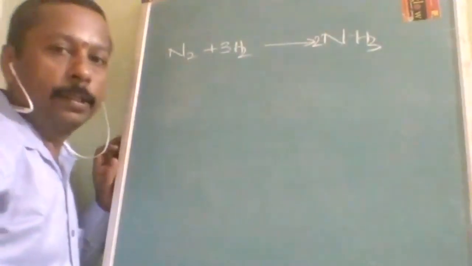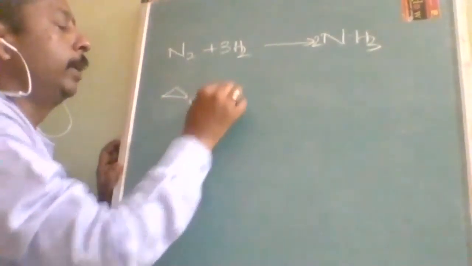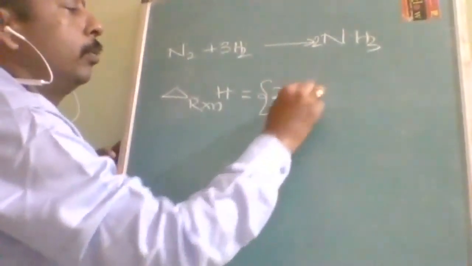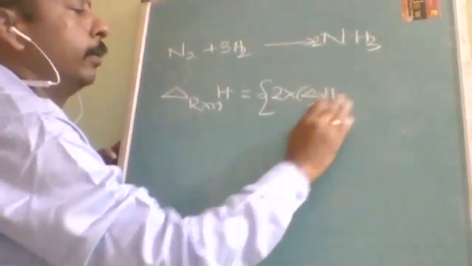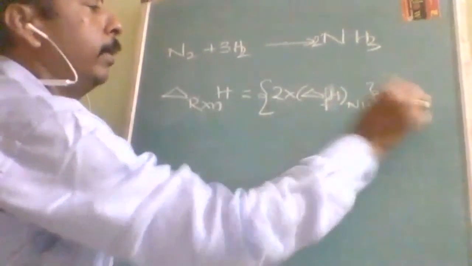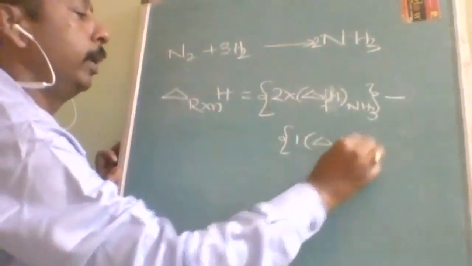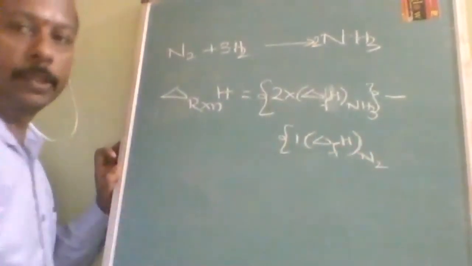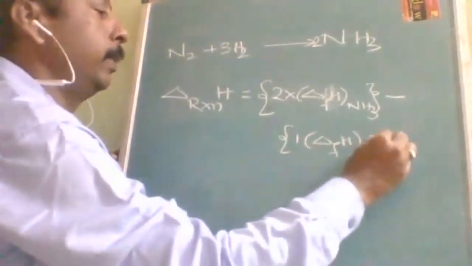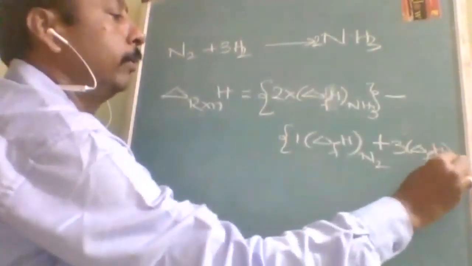During this reaction, if formation enthalpy is given, then enthalpy of reaction is equal to 2 into enthalpy of formation of NH3, minus 1 into enthalpy of formation of N2, plus 3 into enthalpy of formation of H2.